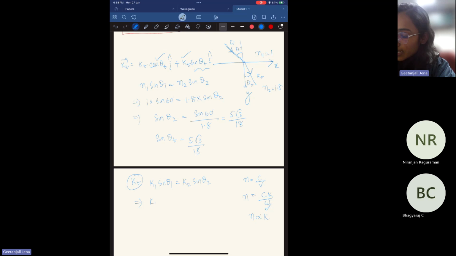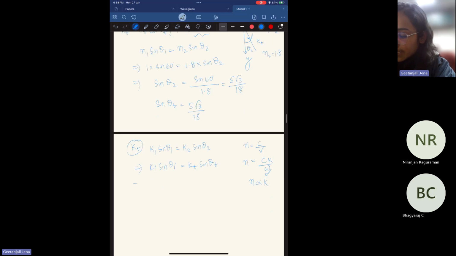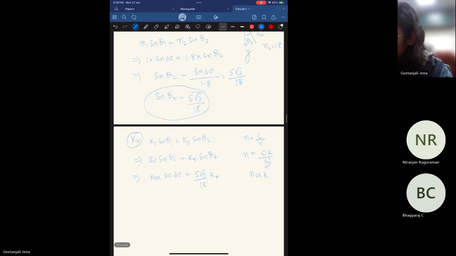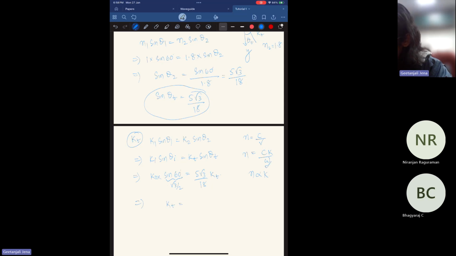So ki sin theta i equals kt sin theta t. You already know ki is k0, and sin 60 is root 3 by 2, and sin theta t is 5 root 3 by 18 into kt. If you calculate it, root 3 will cancel, and kt will come out as 9 by 5 k0.